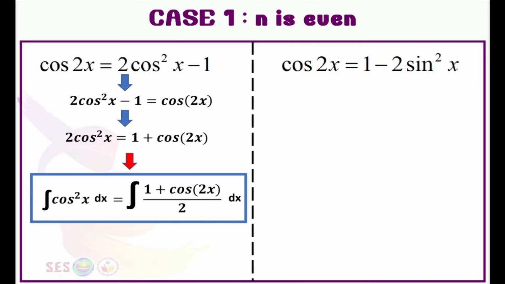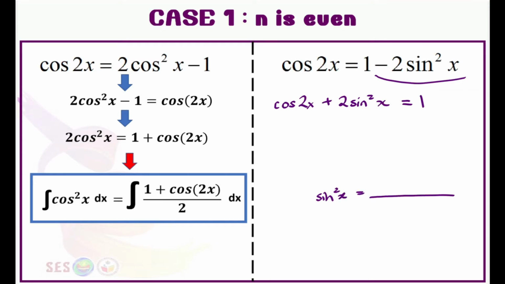Okay, so now let's work on the other formula. I rearrange: I will bring negative 2 sine square x to the left hand side. I will get cos 2x plus 2 sine square x equals 1. Our goal is to get sine square x equals something, just sine square x on the left hand side. So rearrange even more: I will bring cos 2x to the right hand side. I will get 2 sine square x on the left hand side, and on the right hand side I will get 1 minus cos 2x.